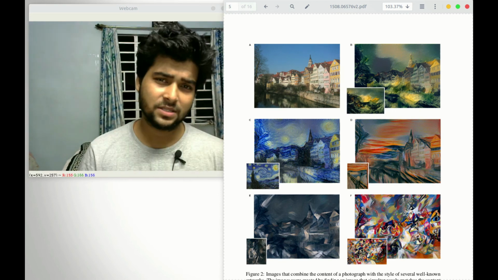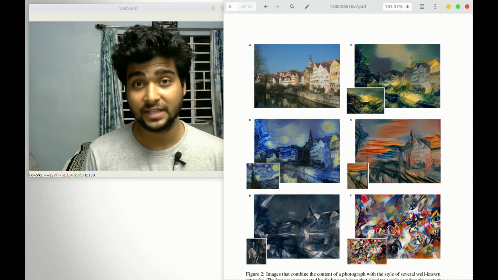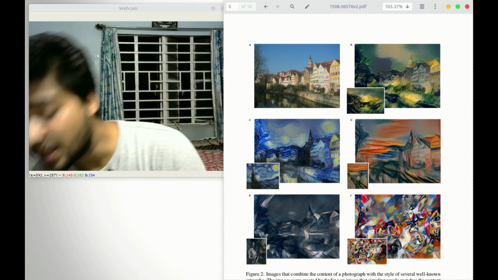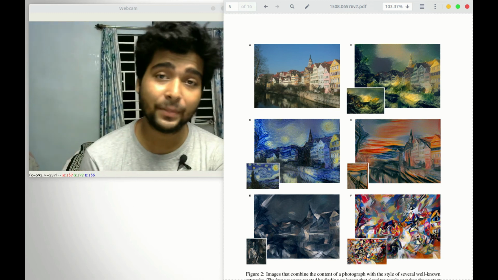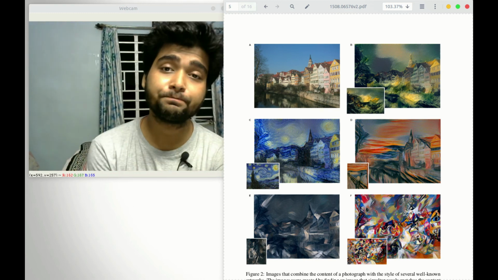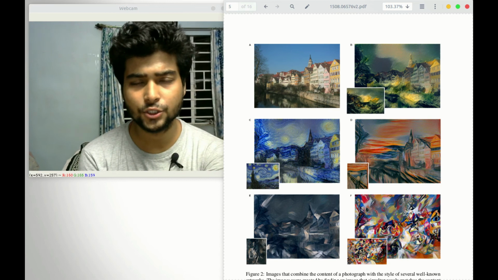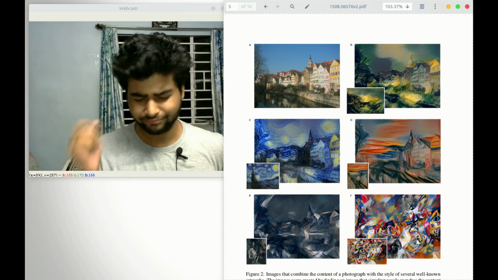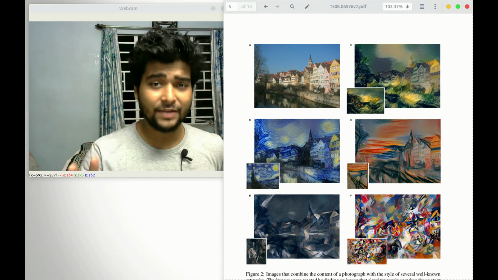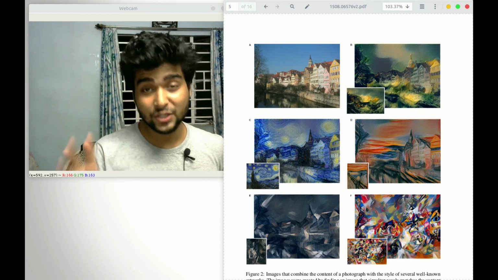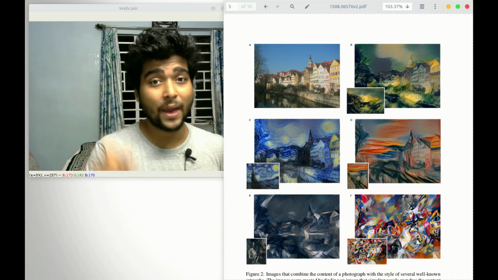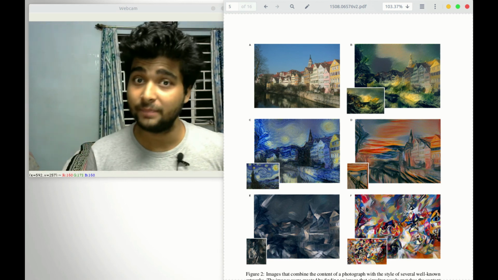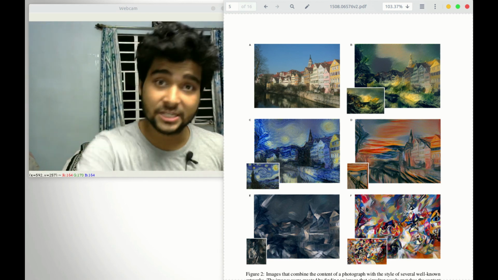This is not possible in a few of the researches that took place after this, like the one by Johnson et al., Perceptual Losses for Real-Time Style Transfer and Super-Resolution. In that paper, and I'll just do a quick walkthrough, they train an image transformation network, and this network is trying to solve the optimization problem proposed by Gatys, that is this paper.